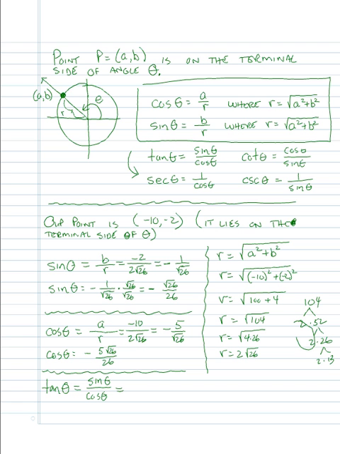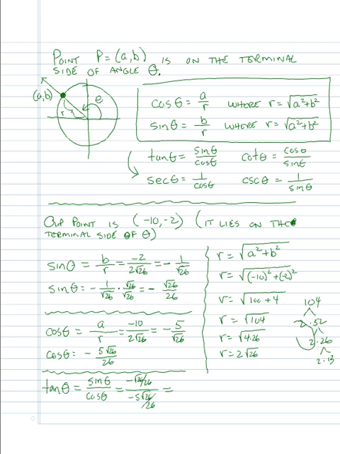What I'm telling you is that you're going to be inundated by trying to memorize little special formulas, and there's just some you need to memorize, okay? You don't need to memorize them all. But in this case, the sine of theta is negative square root of 26 divided by 26. And the cosine of theta is negative 5 times the square root of 26 divided by 26.